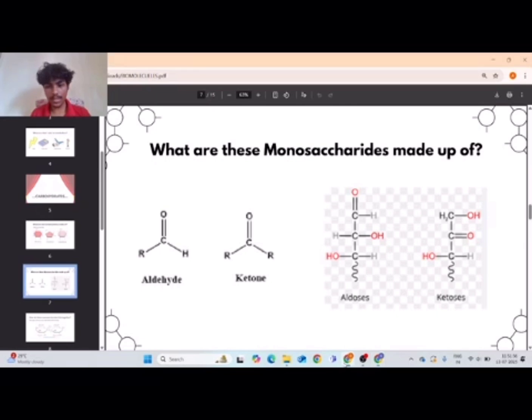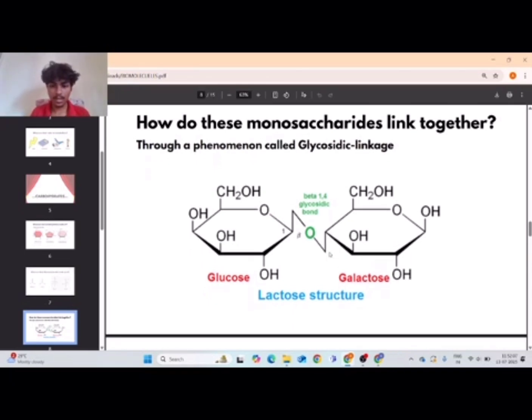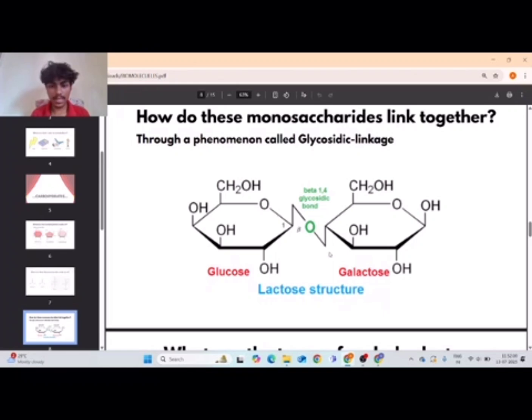Now you must be wondering, all of these monosaccharides, how exactly do they link together to form a carbohydrate? That is where a phenomenon called the glycosidic linkage comes into place. Here, as you can see in the example, a glucose and a galactose are bonding together. This is done through the beta-1,4 glycosidic bond.